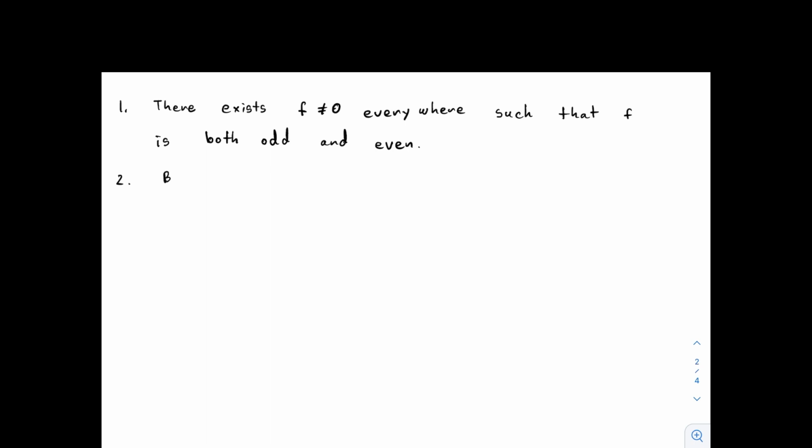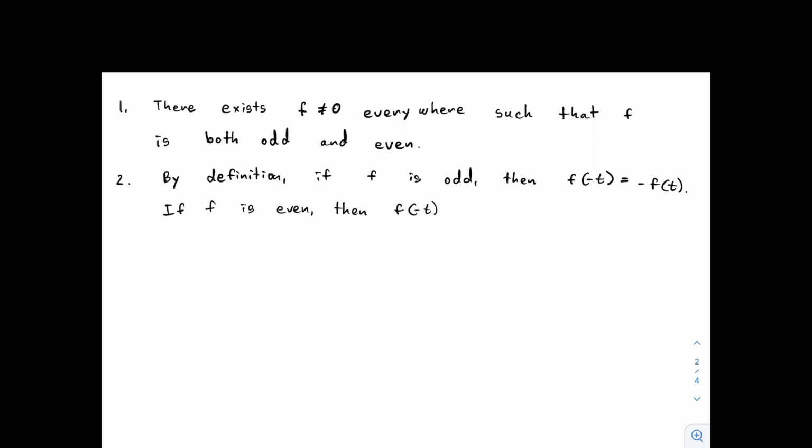So, by definition, if f is odd, then f of negative t equals negative f of t. If f is even, then f of negative t is equal to f of t.